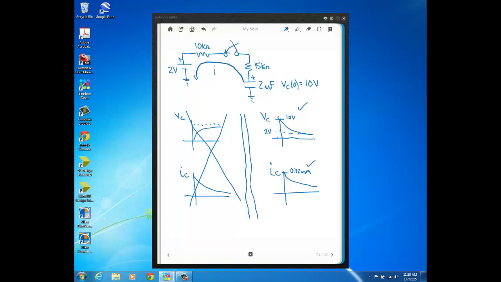So when the capacitor voltage is 10 volts and 9 volts, 8 volts, and so on, all the way along this part of the curve, its voltage is greater than the 2 volts and current's going to flow. But then once the voltage across the capacitor equals this source voltage, the current ceases to flow. See, this now becomes 0. Once this becomes 2 volts, IC will become 0.